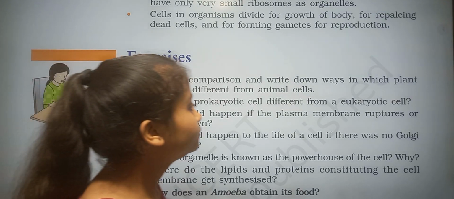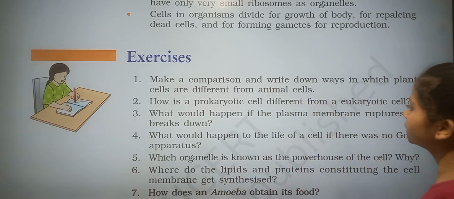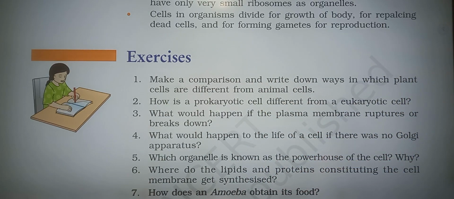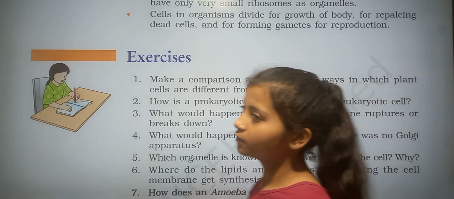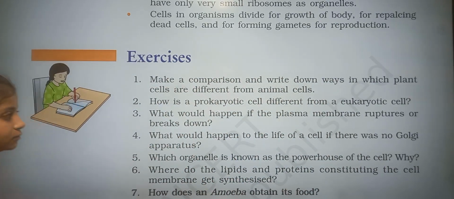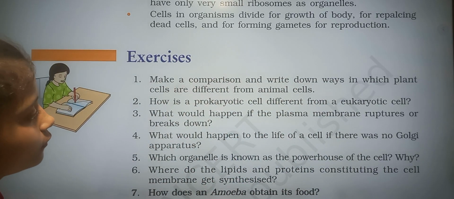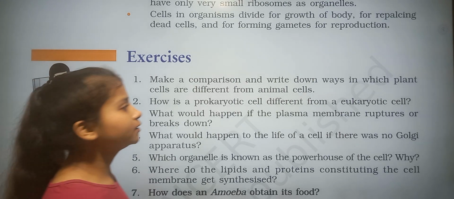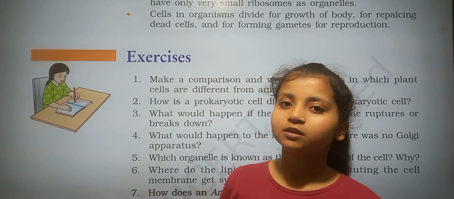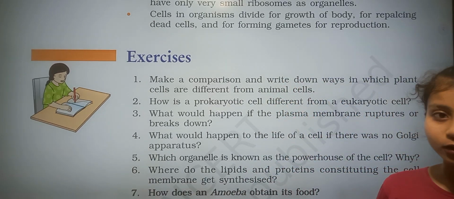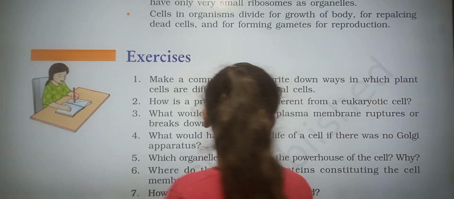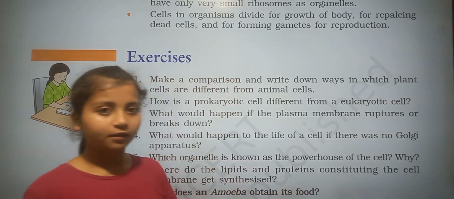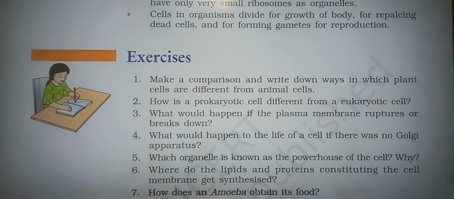On the basis of cell wall we cannot differentiate. One more thing you can write is that in the prokaryotic cell there is no nuclear membrane, whereas in the eukaryotic cell the nucleus has a double membrane.